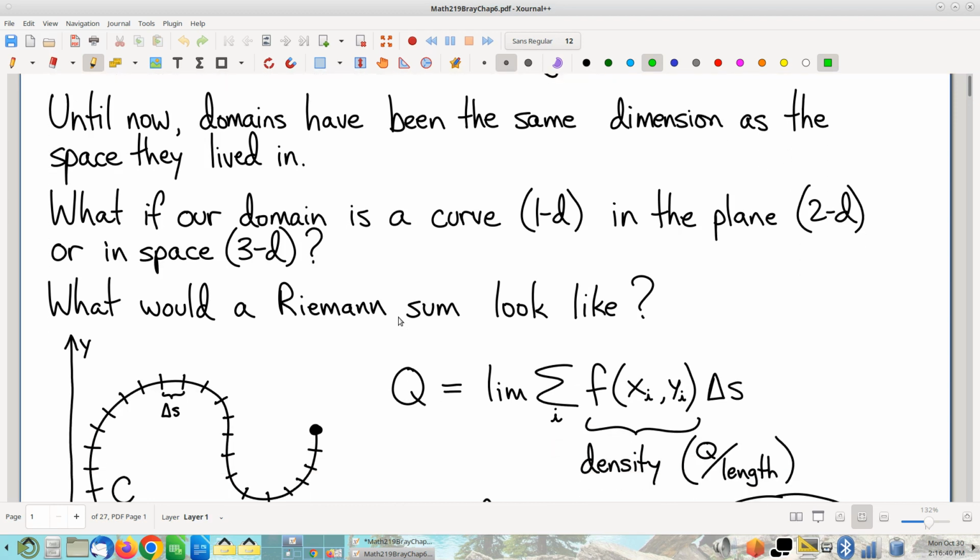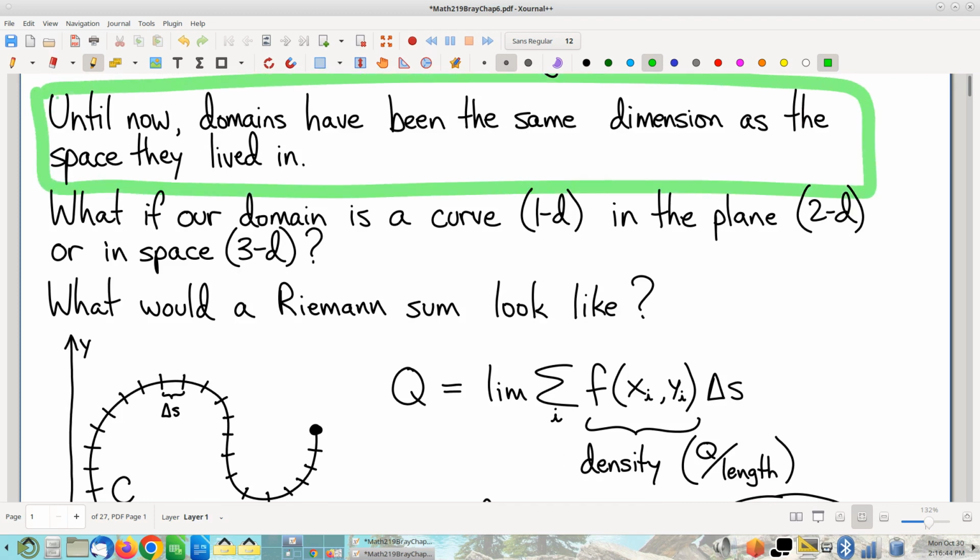Okay, moving along. So here's a quick observation. Every integral that we've seen so far, there's been a nice convenience that we've taken for granted. It's always seemed reasonable. But notice our domains have always been the same dimension as the space that they live in. So, for example, in single variable calculus, we're looking at domains that are intervals.